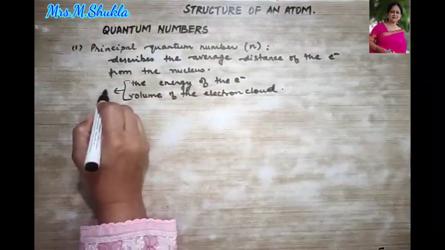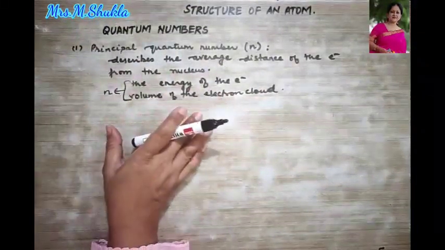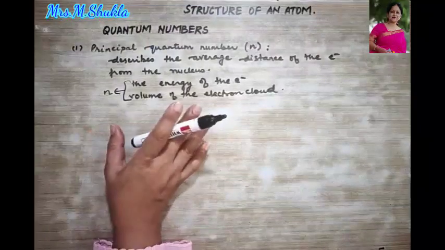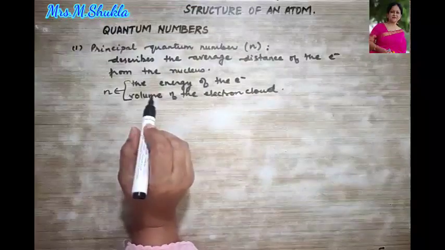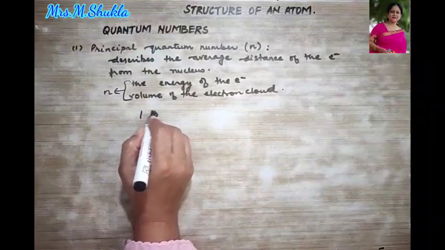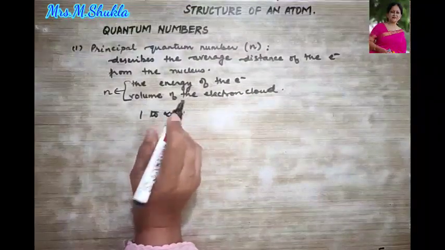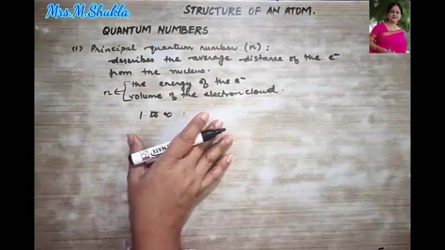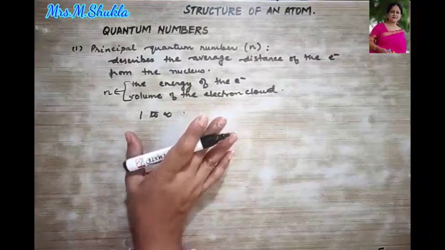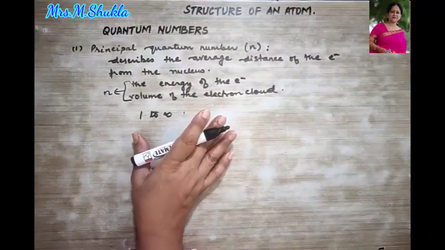This all depends upon the principal quantum number, right? Theoretically, it may have all the integral values, that is from 1 to infinity, but only values from 1 to 7 have been established in the atoms of the known elements so far, right?